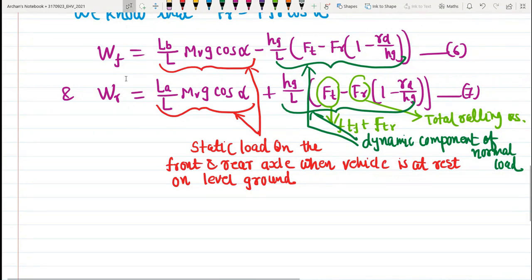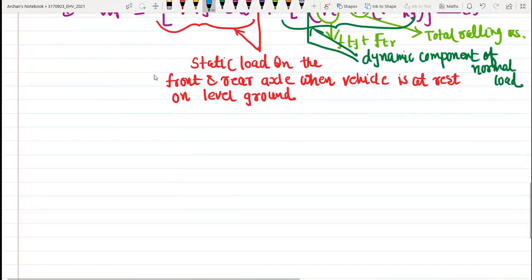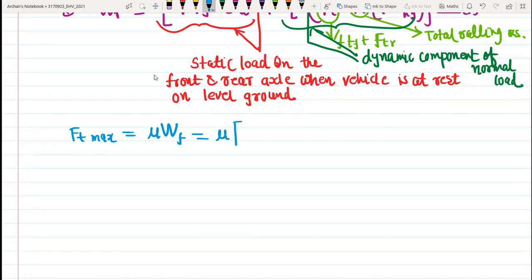So Ft max in our case is given by mu Wf. This is our equation. Now we know Wf very well.